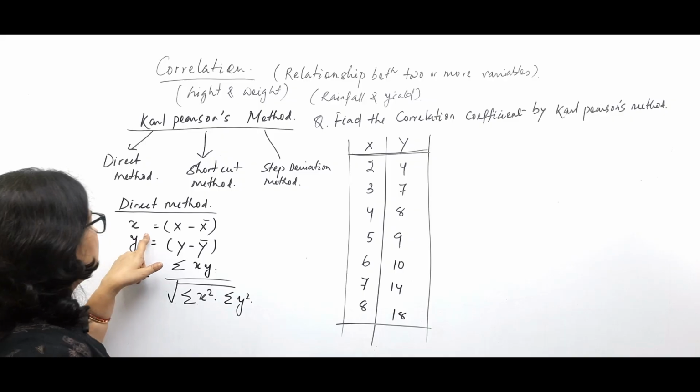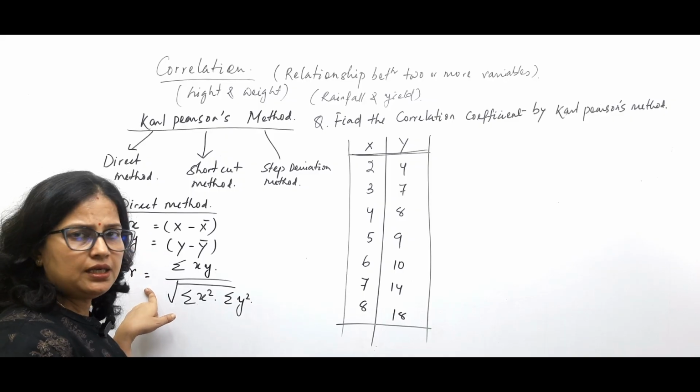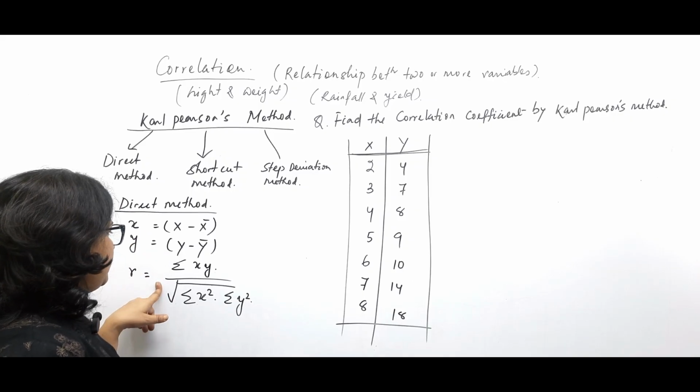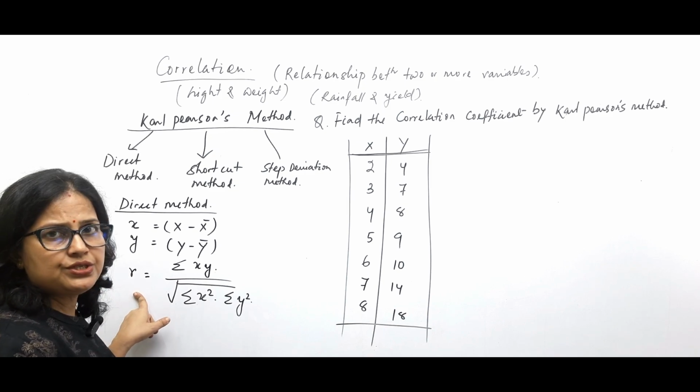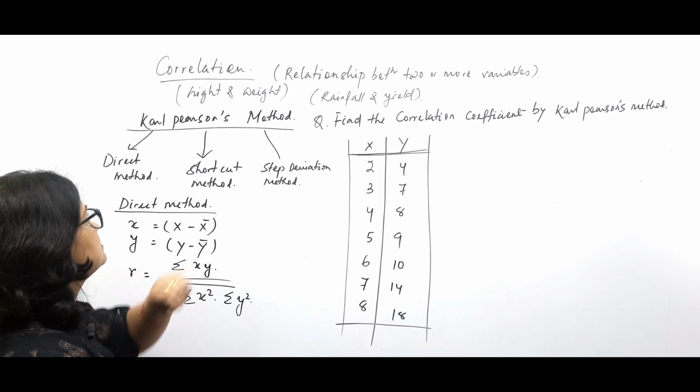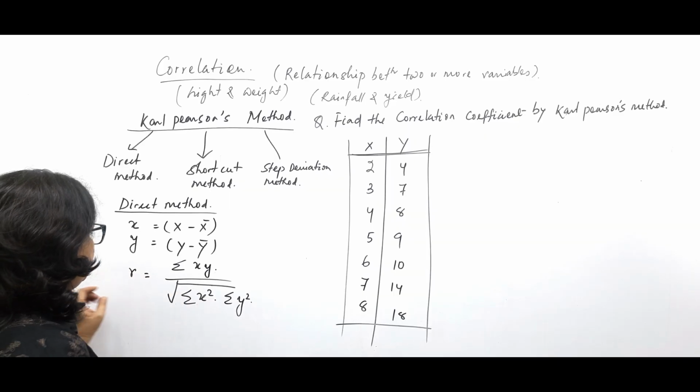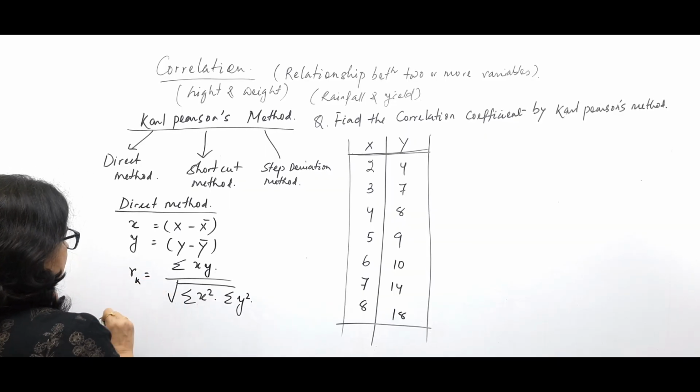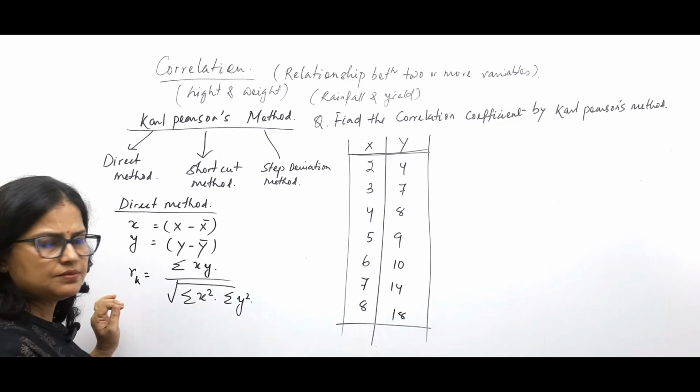To calculate R, this is the correlation coefficient by Karl Pearson's method. You can write it as RK also, because we are using Karl Pearson's method.